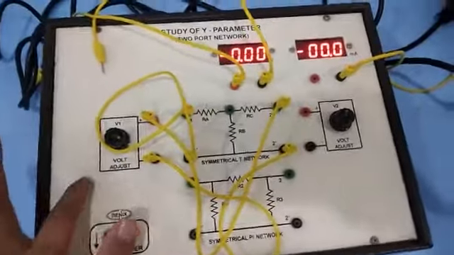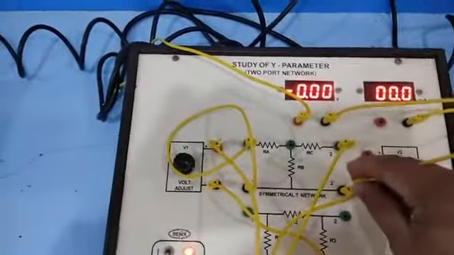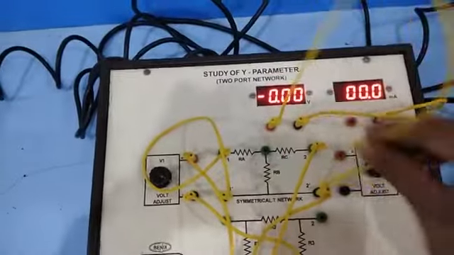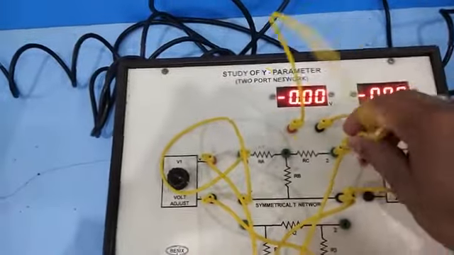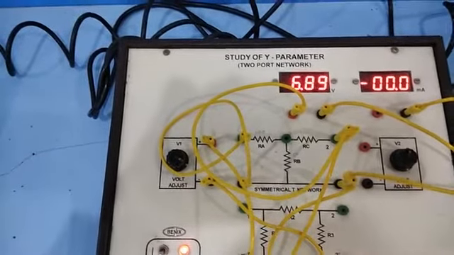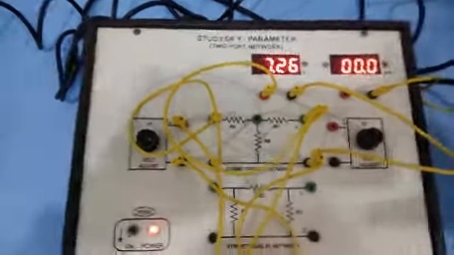So I am not going to disturb the voltage. Let's measure that voltage first. The same voltage is supplied across port 2 also. It is approximately 7 volt.